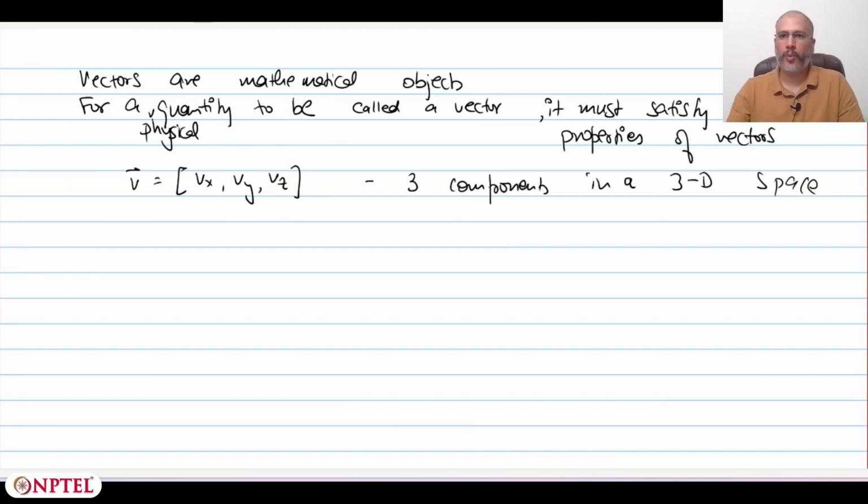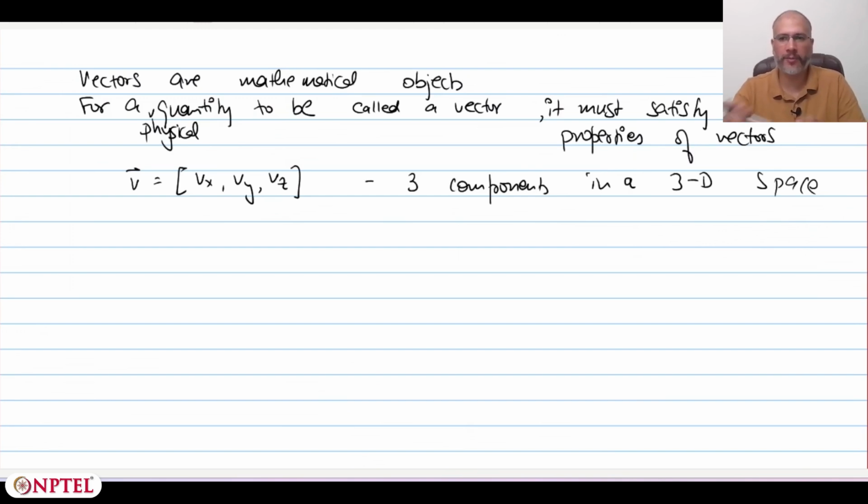These components will change if I change my coordinate system, because depending on how I look at the world, in the sense of what are my x, y, and z directions, the three components will change. But that does not mean that the vector will change.